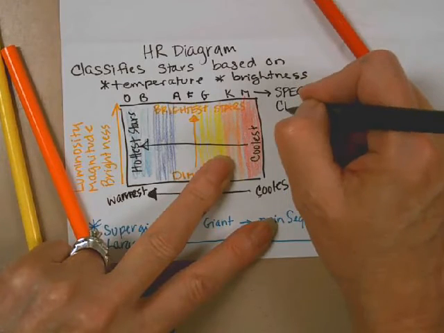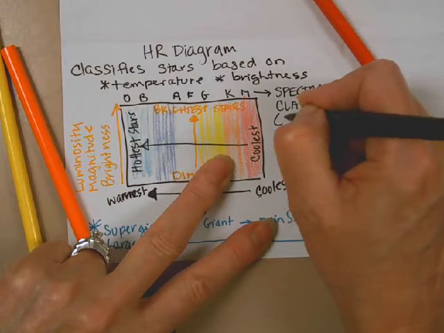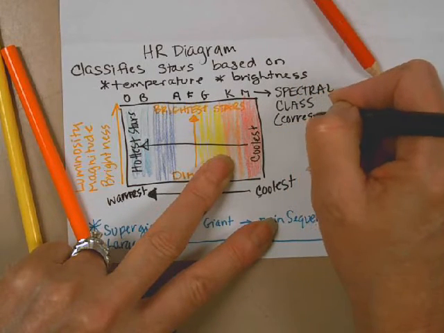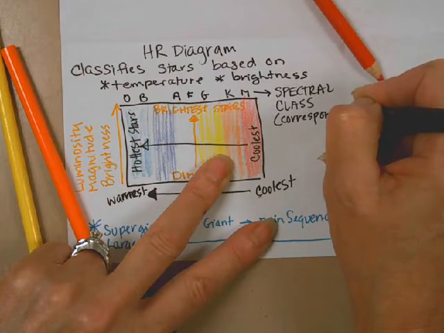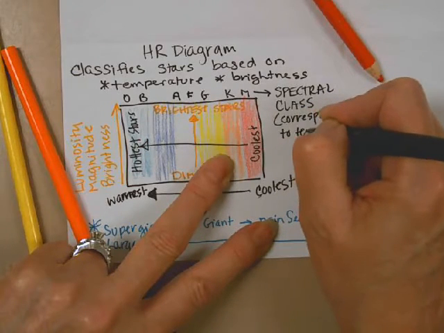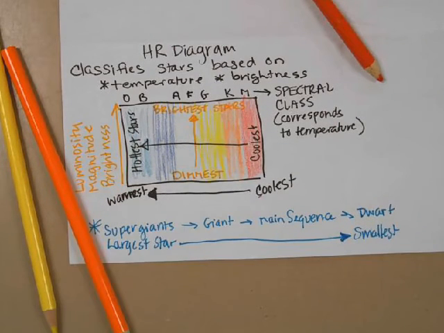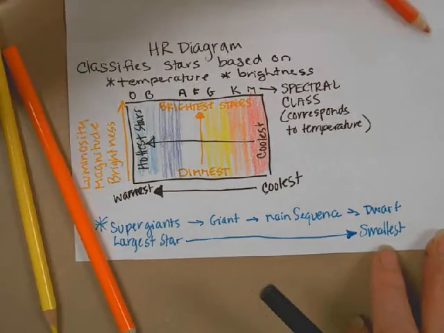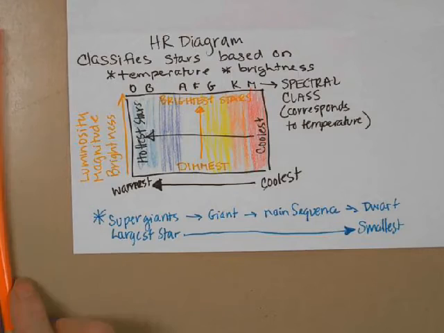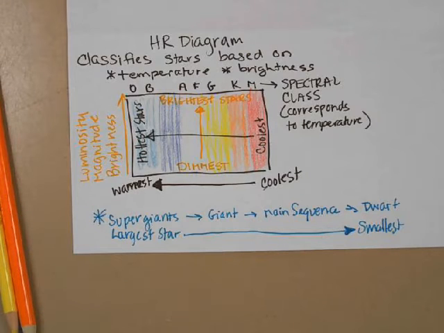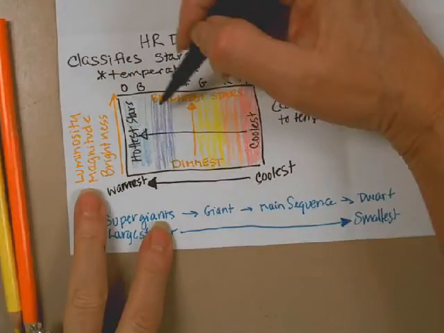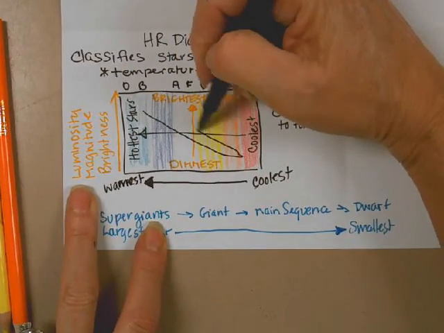Spectral class. I'm going to put corresponding temperature. Okay, so spectral class letters correspond to temperature. We already said earlier our star is a G star, yellow. Main sequence. Main sequence kind of runs, y'all know, this is like the main sequence, right?